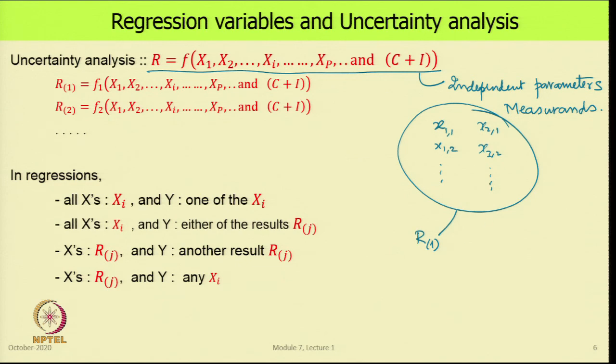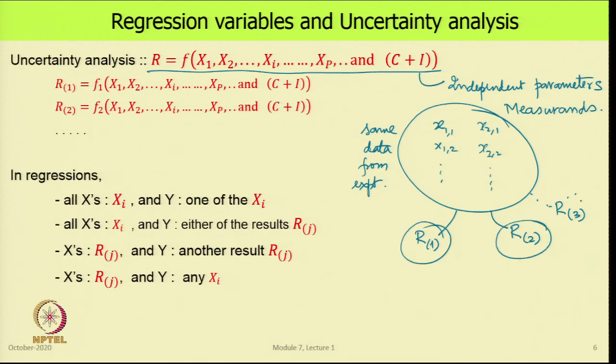Then I will use some of the other parameters and calculate another result, which I will call R2. And like that we could calculate many other result relations. So, the point is that from the same set of data that we got from the experiment, we could generate different results.